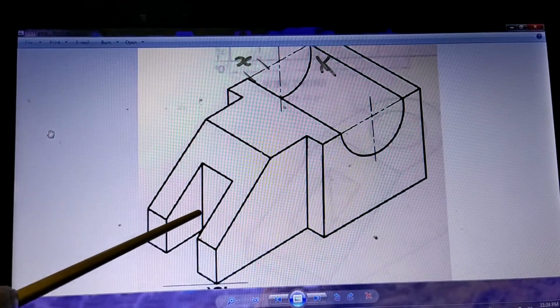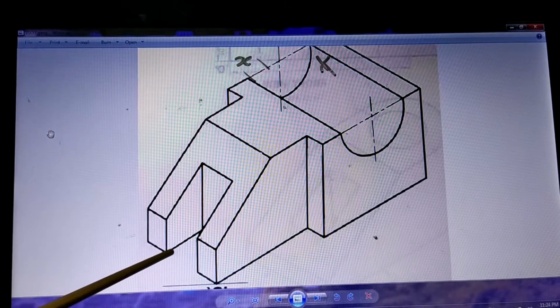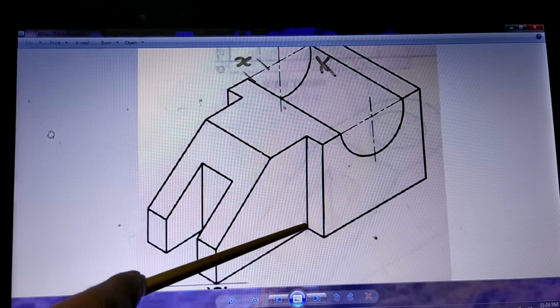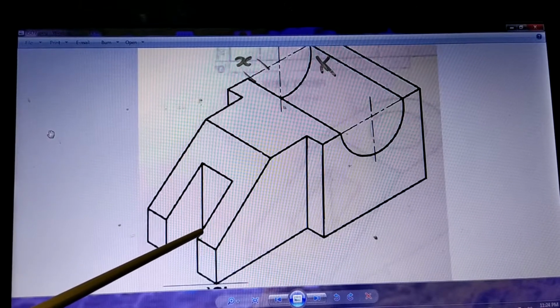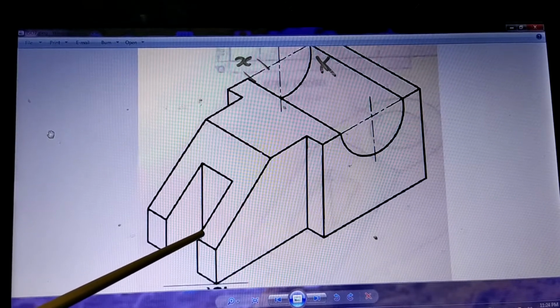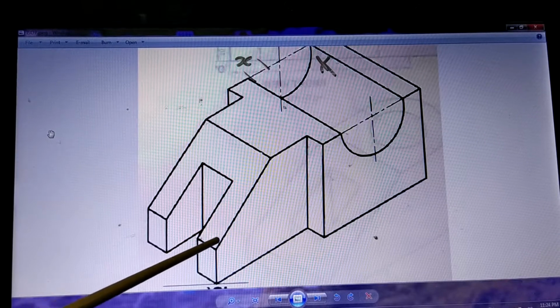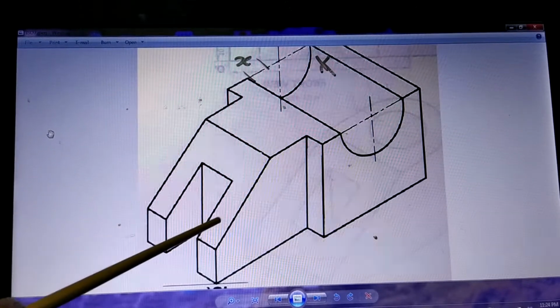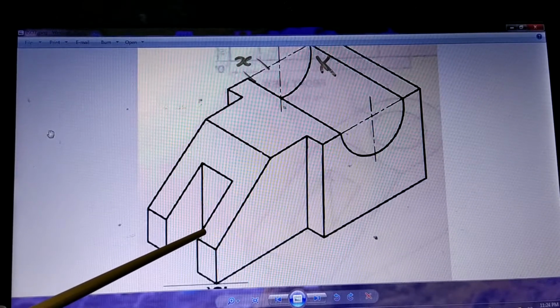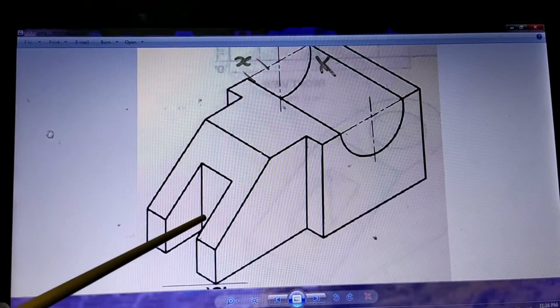From this corner you draw one vertical line, and from this corner you have to draw one 30-degree isometric line to represent this surface. And now this corner is not seen, but suppose this corner is seen and there is some more space, then maybe you will have to draw such a line also for this surface. Right now it is not seen, so it is not drawn. But actually you have to draw it if it is required.